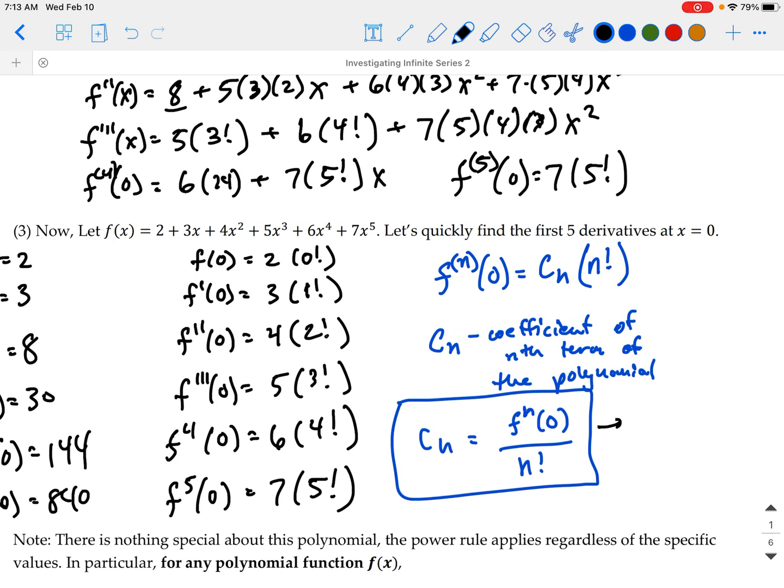So what that means is that the coefficients of your polynomial are simply going to look like the ratio of the derivative, the nth derivative, so the derivative that's matching.